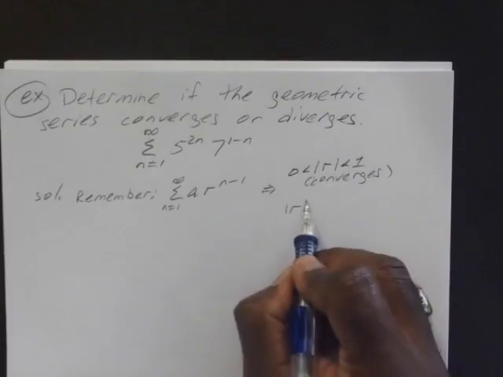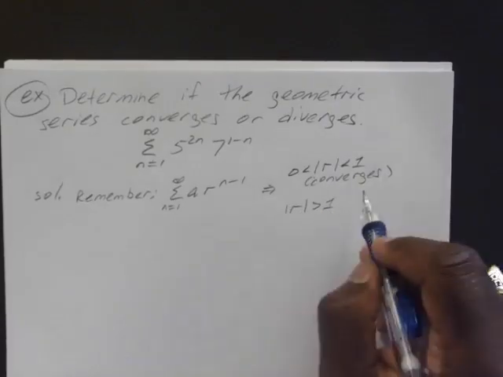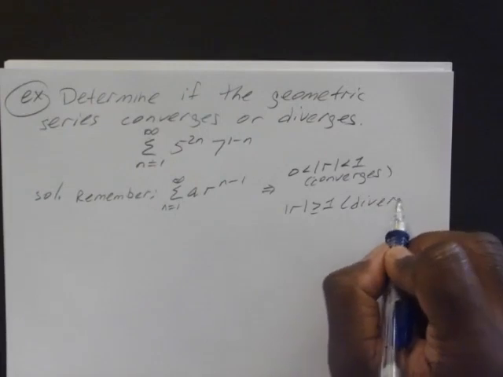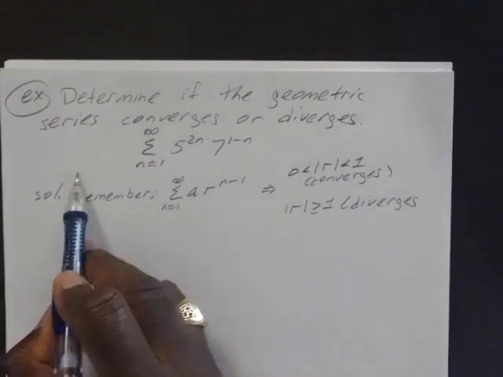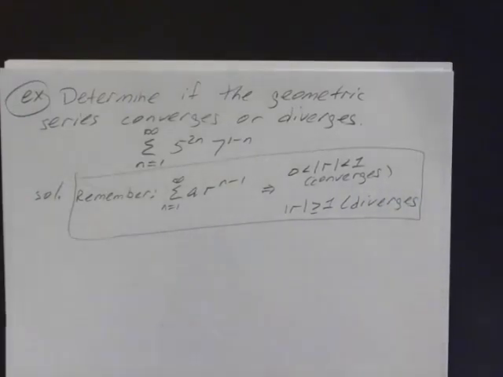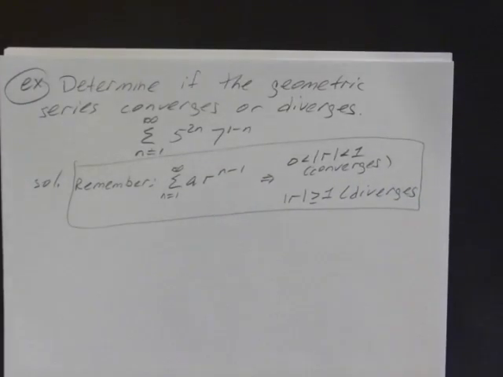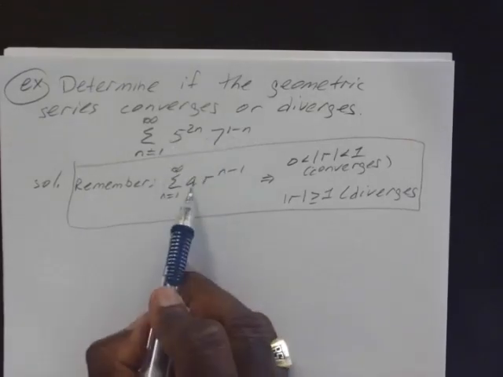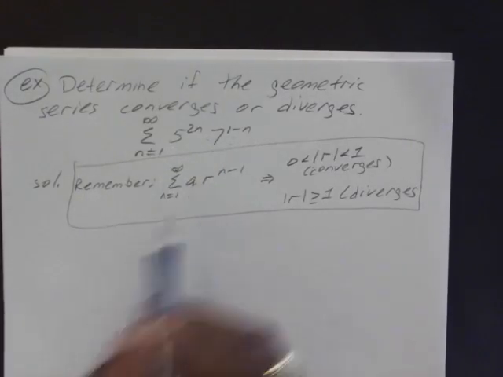When the absolute value of r is greater than 1, or greater than or equal to 1, it diverges. So that's just a little note there. Okay, so we want to rewrite this to where it's eventually going to be in this form.